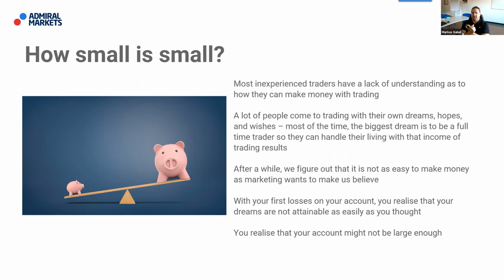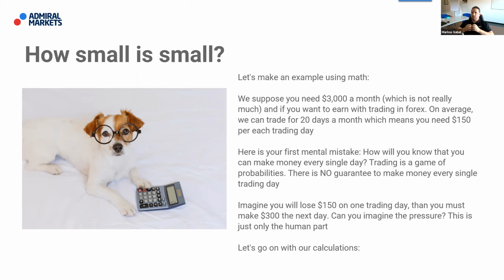I want to show you how. Let's make an example, and we use mathematics for that. So let's suppose you need $3,000 a month. It's not really much. Maybe in Africa or in Asia or maybe in Bulgaria, I don't know. But in Germany or in Europe, 3,000 euros is money.